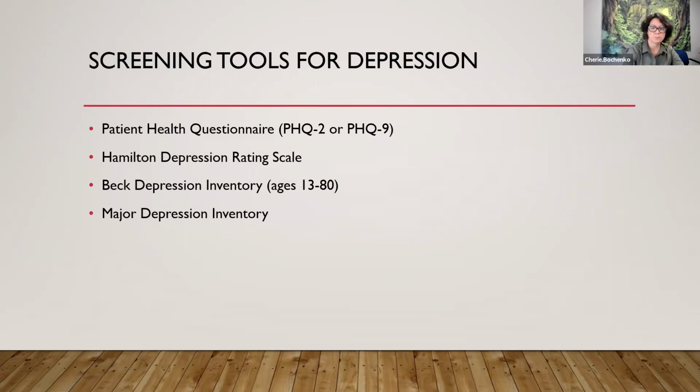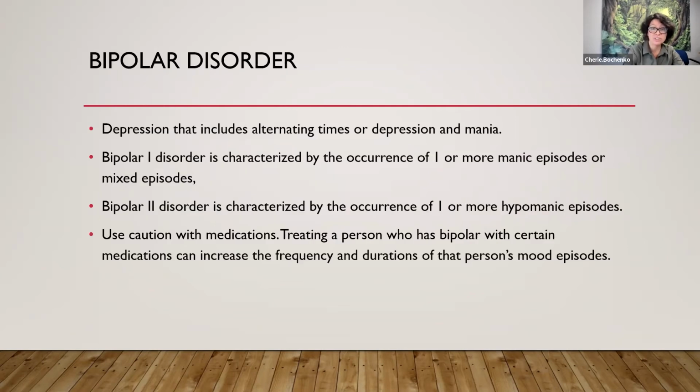So bipolar disorder, it's still a depression, but it includes alternating times of depression and mania. Bipolar 1 is characterized by an occurrence of 1 or more manic episodes or mixed episodes. Bipolar 2 is characterized by the occurrence of 1 or more hypomanic episodes.